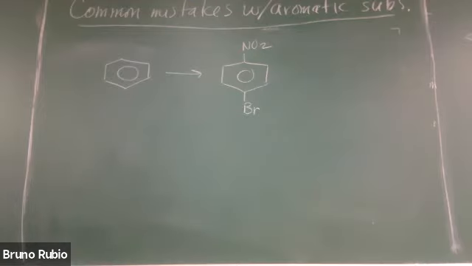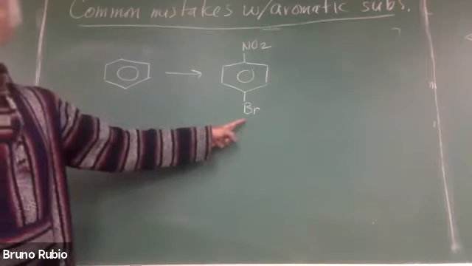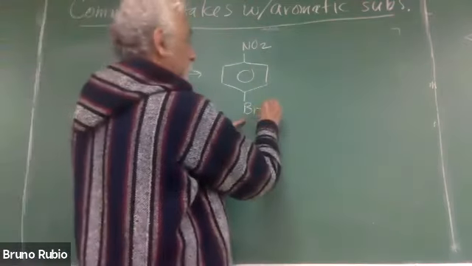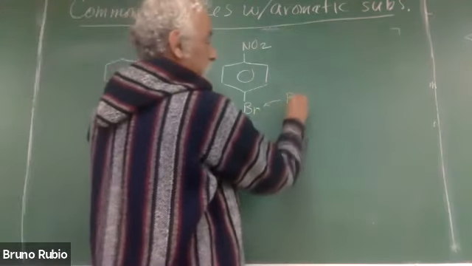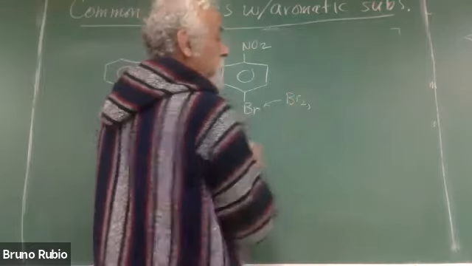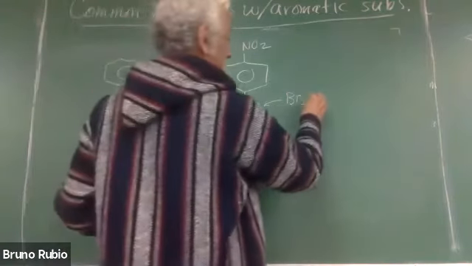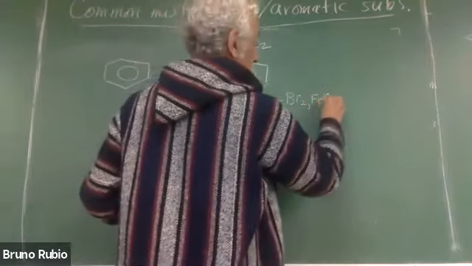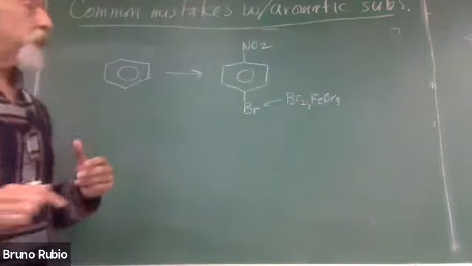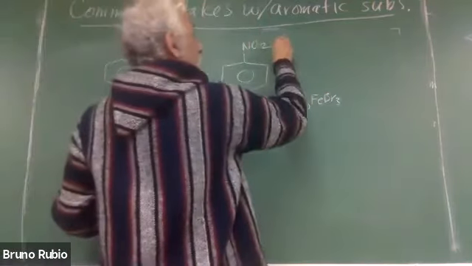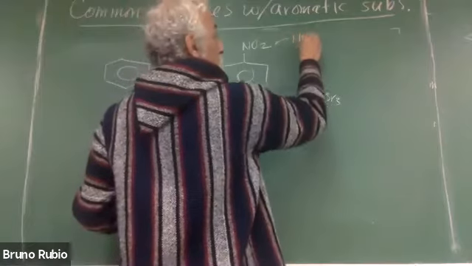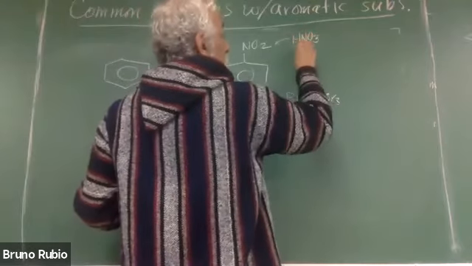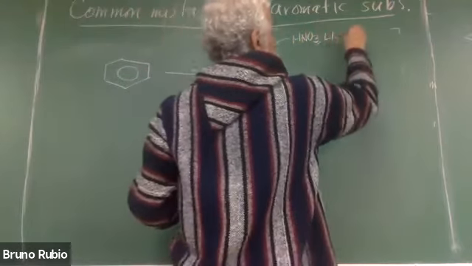So it's obvious what has to happen. You have to put bromine on the benzene ring. That's going to be a bromination using Br2 and some kind of catalyst. Right, that's how you put bromine on the benzene ring. And this guy, well, that's just the product of nitration, HNO3 and H2SO4.